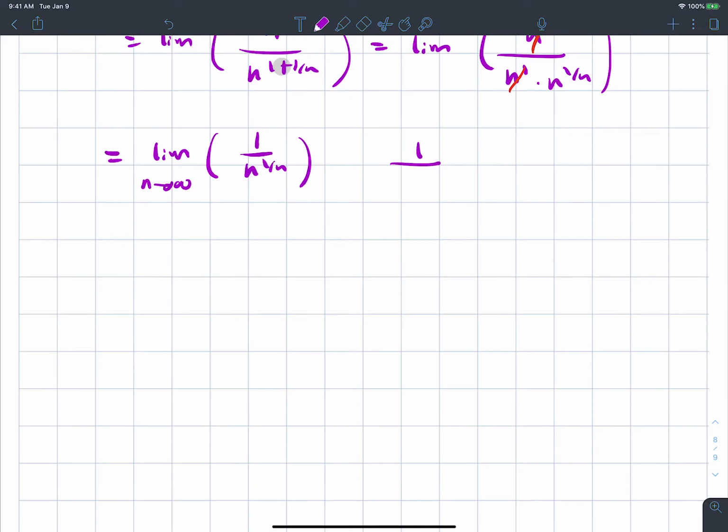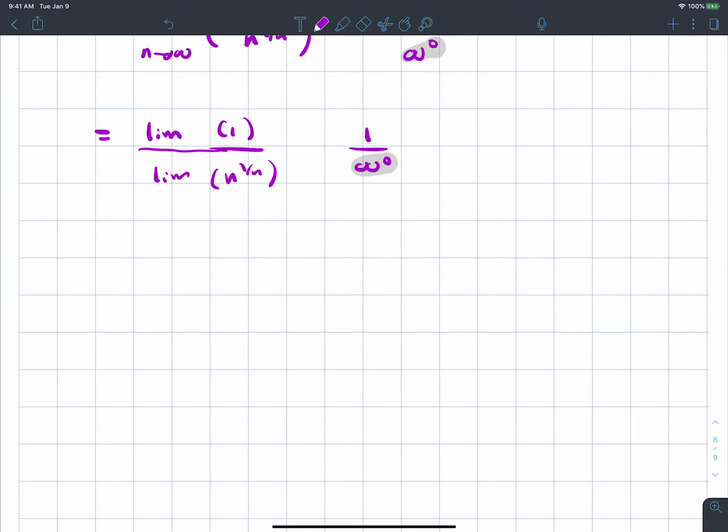We're not sure. That looks like infinity to the 0 power. I could look at it this way: it's the limit of a constant over the limit of n to the 1 over n, and this is an indeterminate power. So that is the issue we're talking about. What is that?